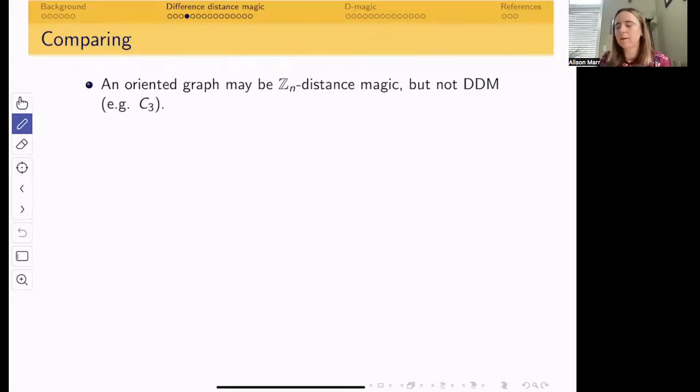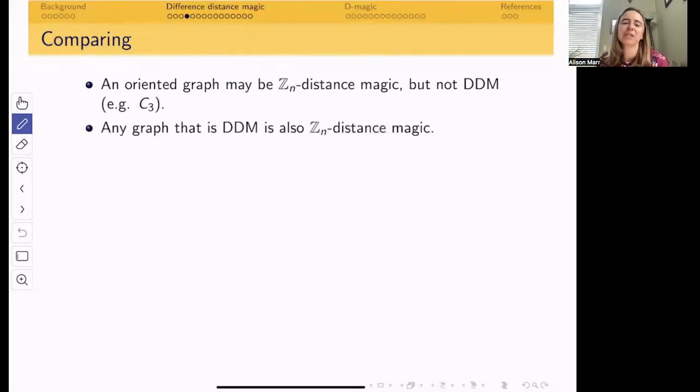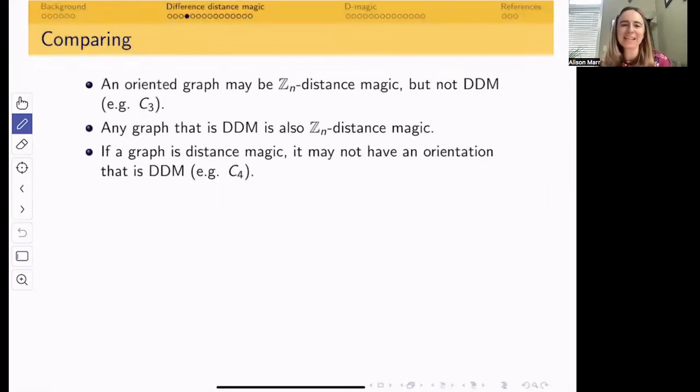So these are larger in some sense than those. Any graph that is DDM, you can create a Zn distance magic labeling, just similarly to the undirected case. If you just mod by n, the property will still hold. If the sum coming in and sum going out were the same before, they will still be. So that's the other direction.